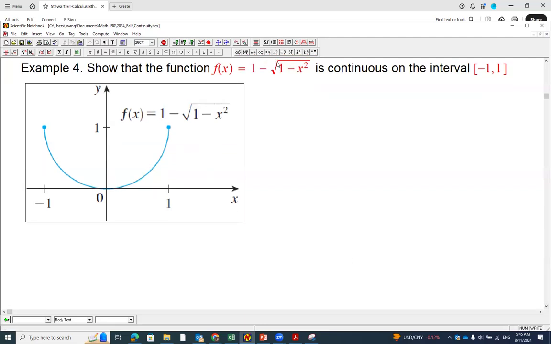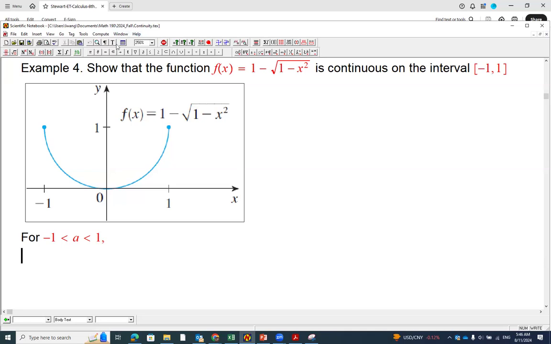Okay. Show that the function is continuous on the closed interval from -1 to +1. Right? So how do we show that? So first we need to show, for any a between +1 and -1, and we're going to observe the limit, right?